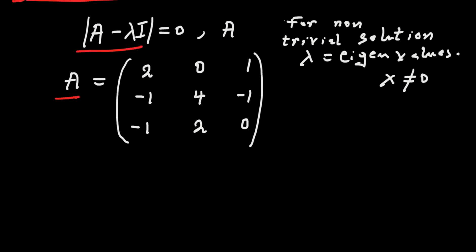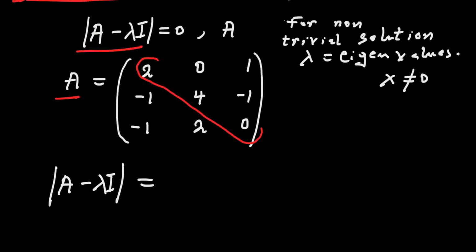Just bring it here, and this will become A minus lambda times I, which is the unit matrix, and this will be equal to, now we focus on the diagonal of the square matrix A. The first value here is 2, so we subtract lambda from 2, and then the rest of the values remain the same.